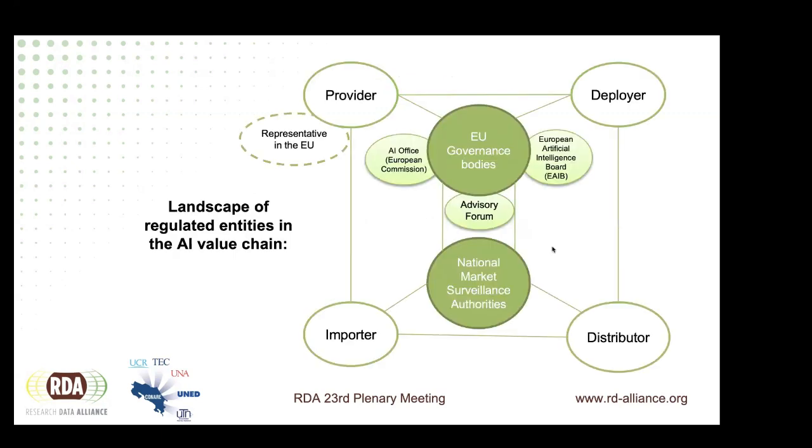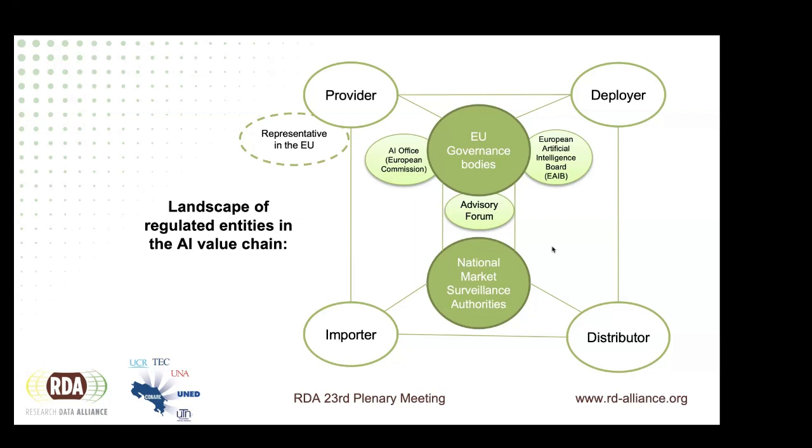So the Act defines and regulates the activities of the provider of the system, of the deployer, and of other operators, while establishing new governance bodies at EU level, with the AI Office that will be attached to the European Commission and the European AI Board, which will both notably provide implementation guidelines and tools for regulated entities.